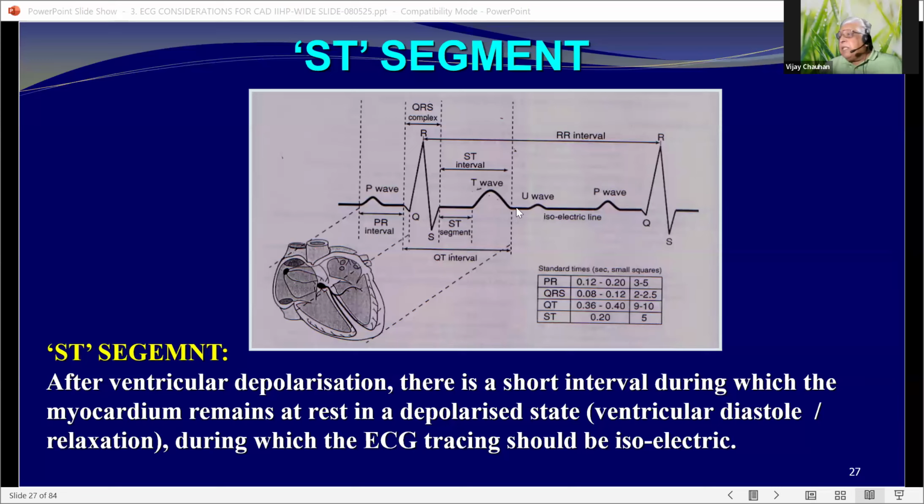However, we'll see this U wave here, which is again a small wave, and it is the repolarization of subendocardial tissue, the innermost layer of the heart muscle. So the heart has three components: pericardium, myocardium and endocardium.